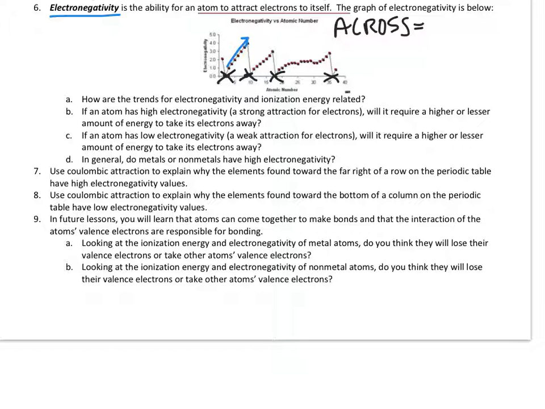And then from 11 to 17, we get that trend, and then from 19 to 35, we get that trend. And as we can see, as you go across all of them, it increases. Okay, electronegativity increases.